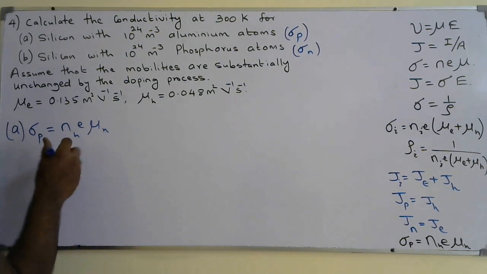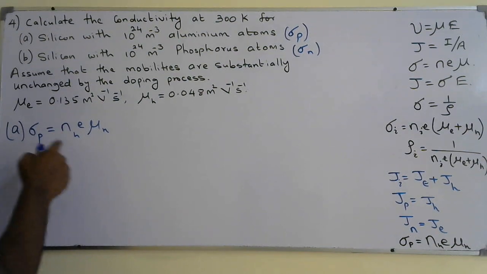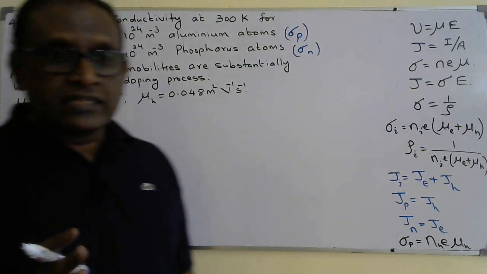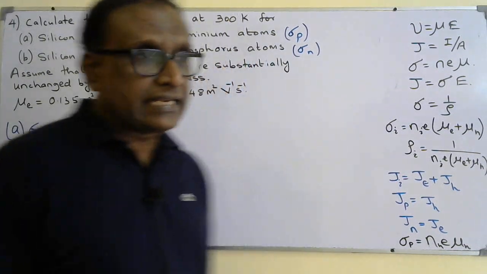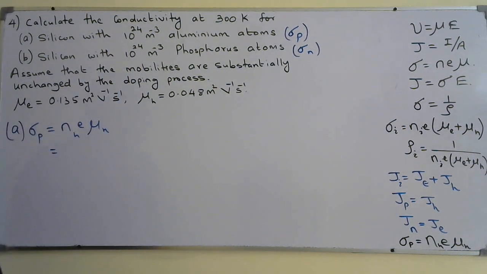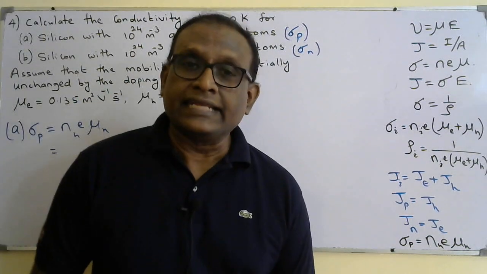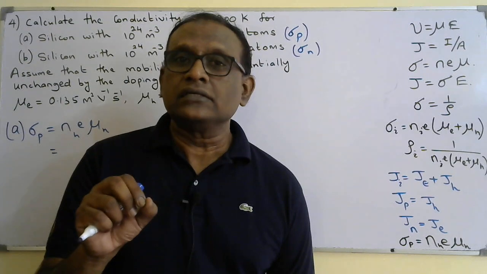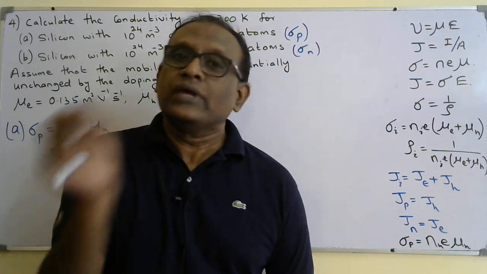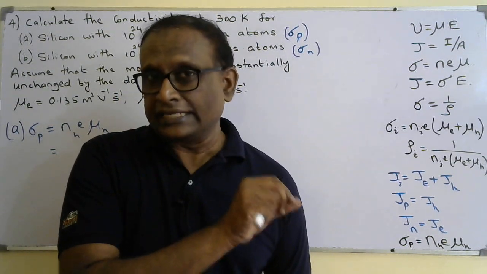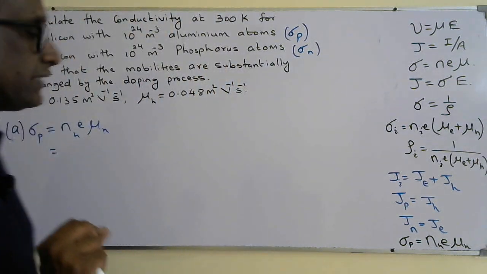NH is given as 10 to the power 24, but they are not telling NH equals 10 to the power 24. They are saying how many aluminium atoms are doped per meter cube. We know, as already explained in extrinsic semiconductors, one dopant will give one electron or one hole depending on the type of doping.